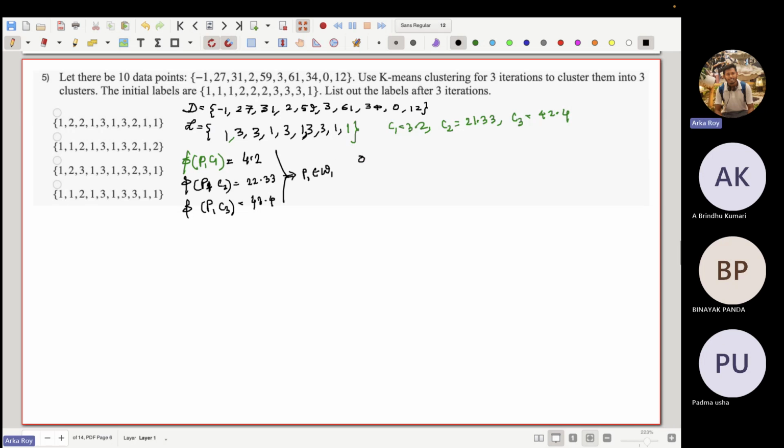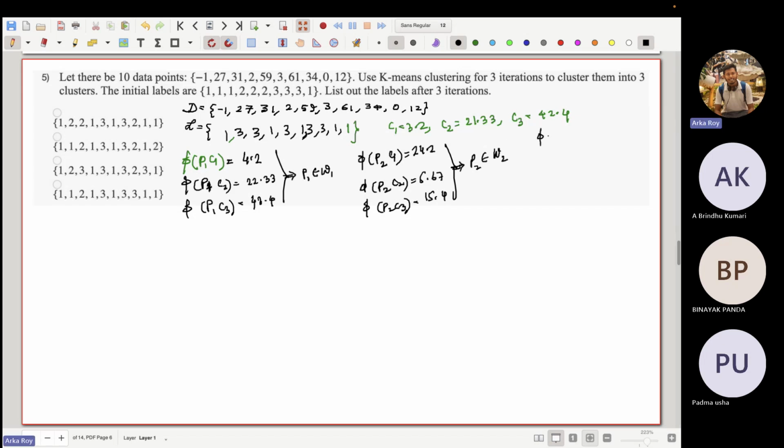Then for P2, you have 27. So phi P2C1, phi P2C2, phi P2C3 will basically give you 24.2, then 5.67 and 15.4. So from here, you can understand that P2 belongs to omega 2.